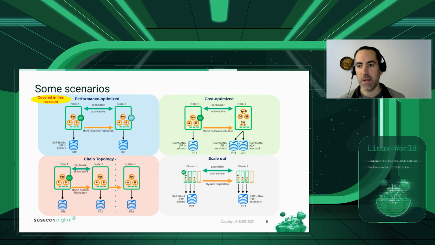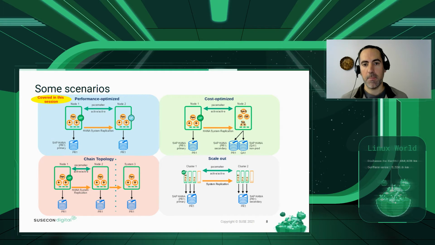To show you an example of why SAP is complex, just talking about the SAP HANA database, here we can see that if we want to have a highly available database, we have multiple scenarios. We can have performance optimized, cost optimized, chain topology, scale out, and all of them are composed of multiple machines, multiple disks, multiple different applications, and that makes the deployment pretty difficult.